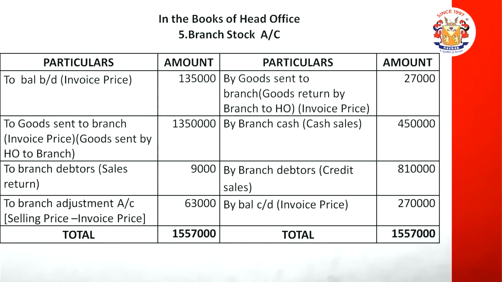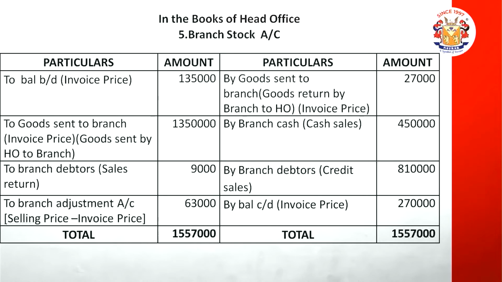But now the question is that this 9,000 is related to credit sales. So first of all, cash sales 4,50,000 will be credited to branch stock account, and 8,10,000 credit sales will be credited to branch stock account.